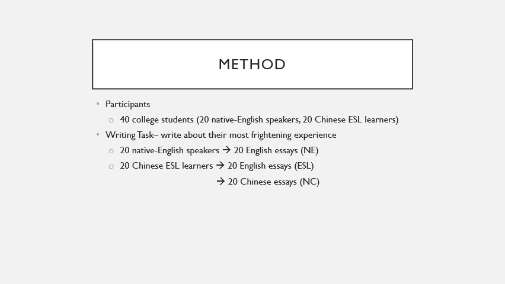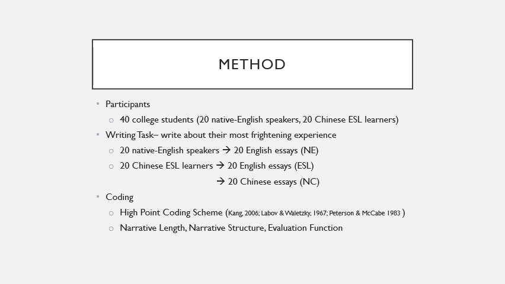So by the end of the data collection, I've collected a total number of 60 written essays with 40 of them in English and 20 of them in Chinese. After I collected all the writings, I coded them based on the high point coding scheme, which was developed by Labov and Waletzky, and it has become a very popular tool for any narrative analysis studies.